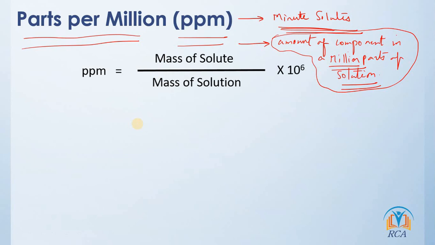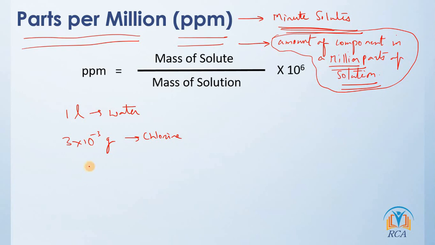Now what is meant by this particular logic? For example, we have a sample of water. Let's say we have 1 liter of water, and we have added some chlorine into that. It's a disinfectant, right? So we add some chlorine. How much chlorine do we add? We add 3 into 10 to the power minus 3 grams of chlorine. Now if you can see this thing, it's going to be quite less.